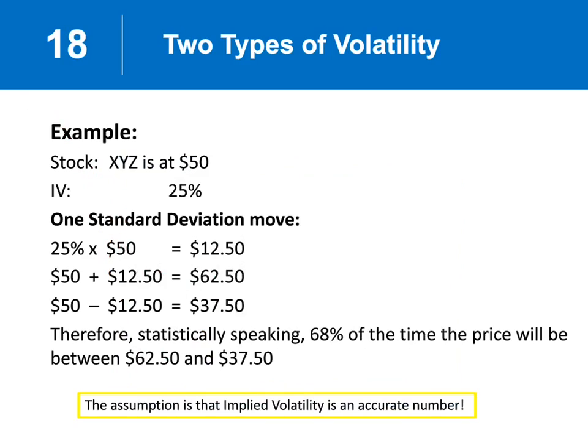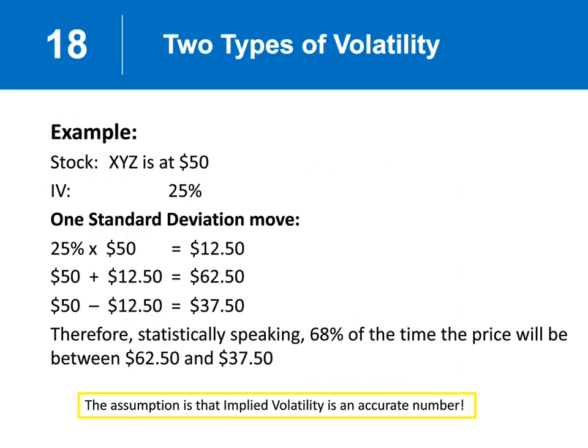All right. We're still talking about two types of volatility, and here's an example. Here's a stock at $50. You have 25% implied volatility. Well, if you multiply 25% times the stock price, you get $12.50. You add $12.50 to the stock to get $62.50, or you subtract $12.50 from 50 to get $37.50.